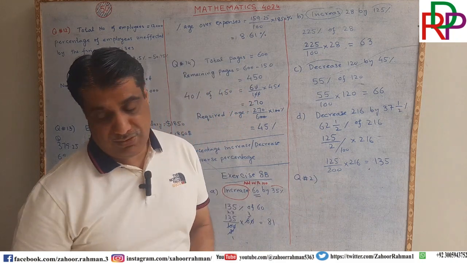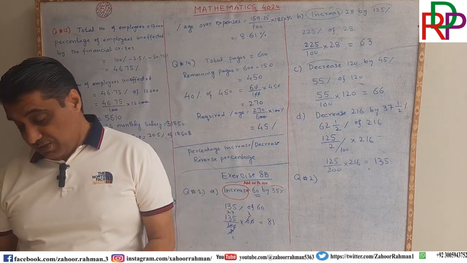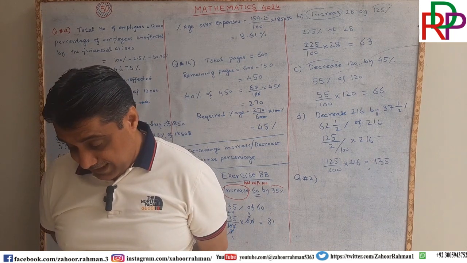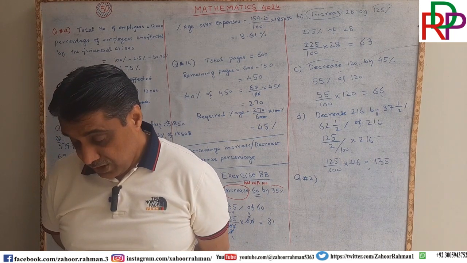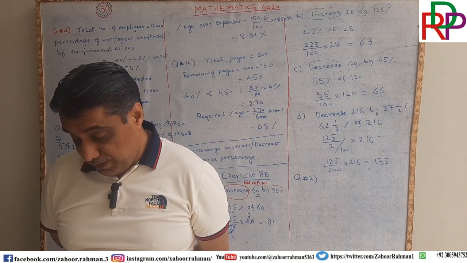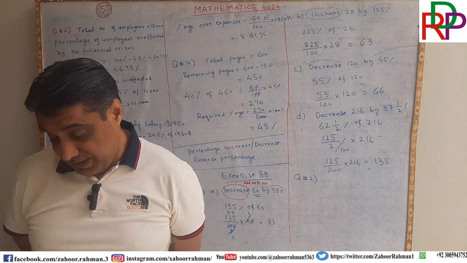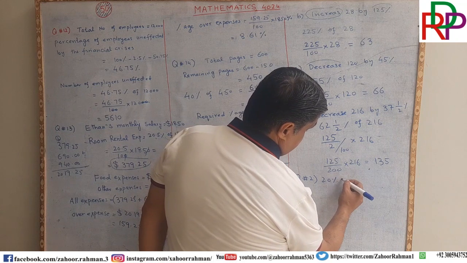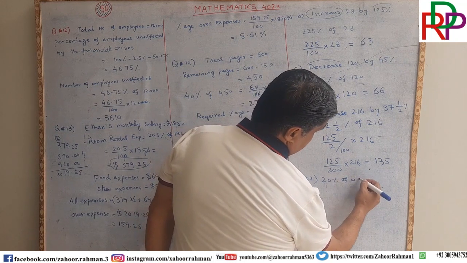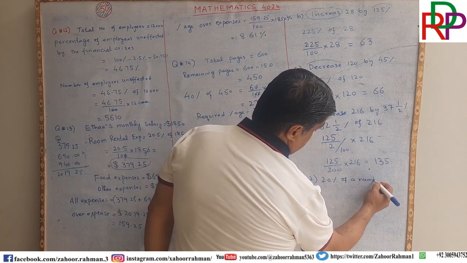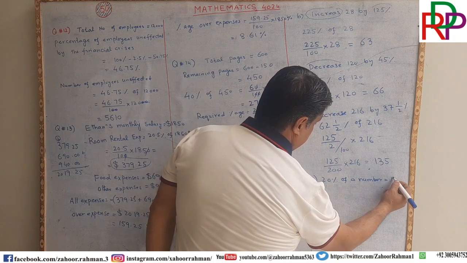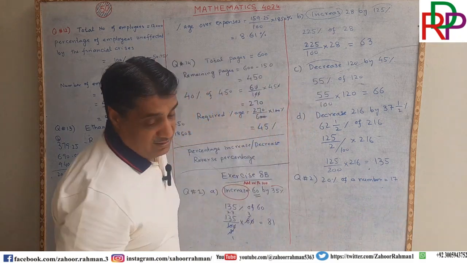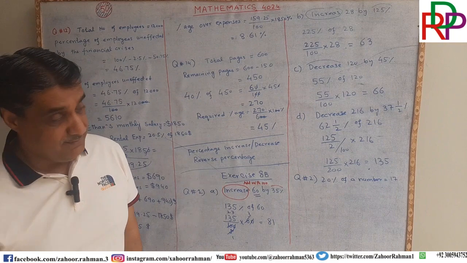Question number 2 is saying that 20% of a number is 17. Find the number.